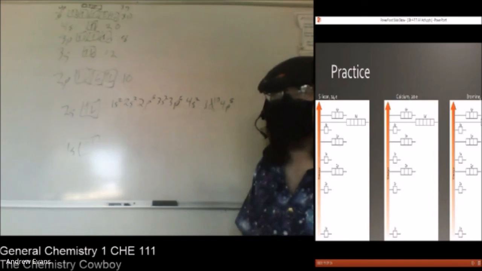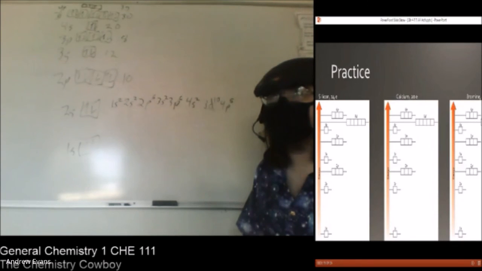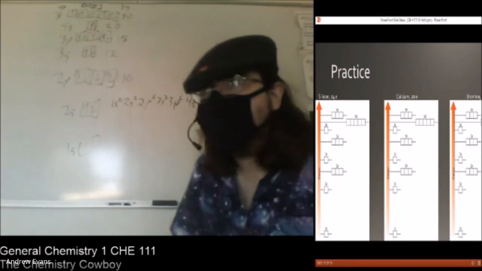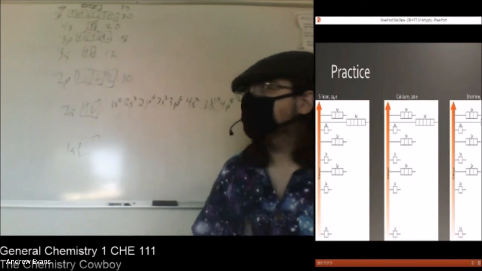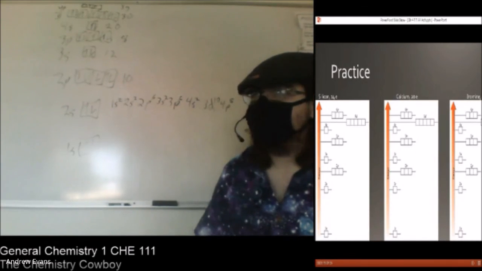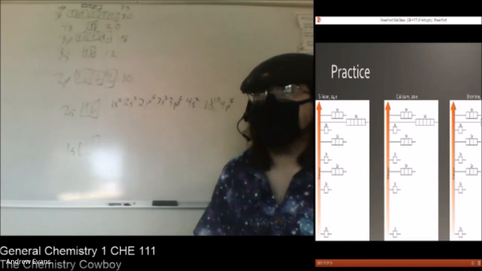These guys above each other in the periodic table have a similar electron configuration, except for a different row, which is why in the next chapter, when we talk about periodic trends, everything in the same column will tend to react in similar fashion, because they have similar electron configuration.